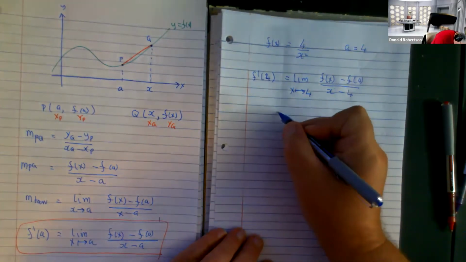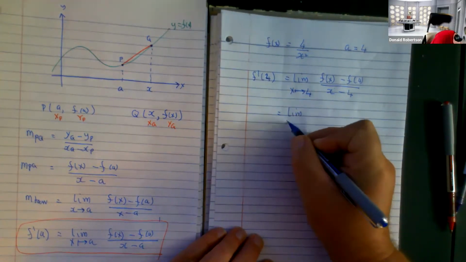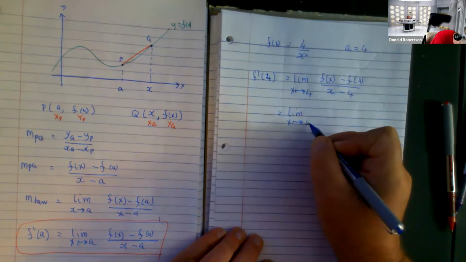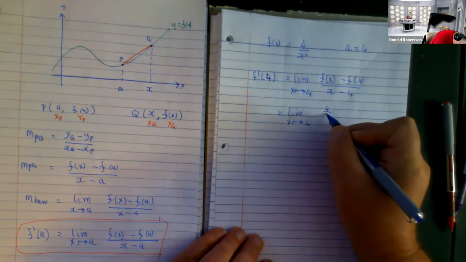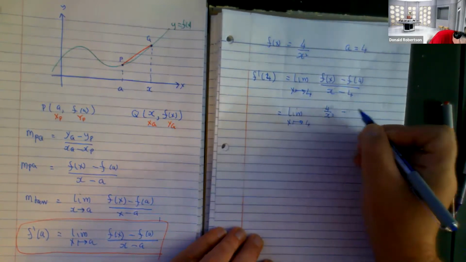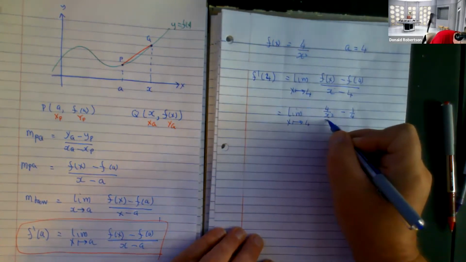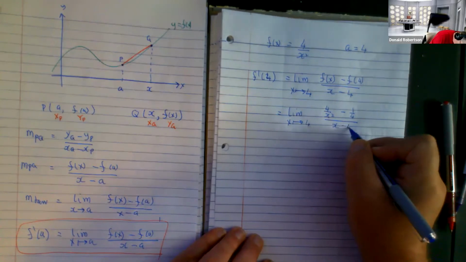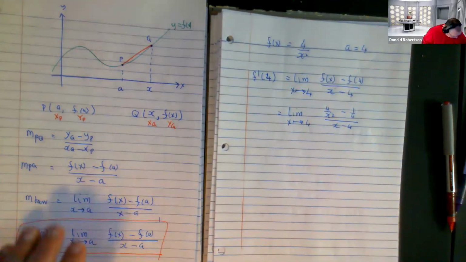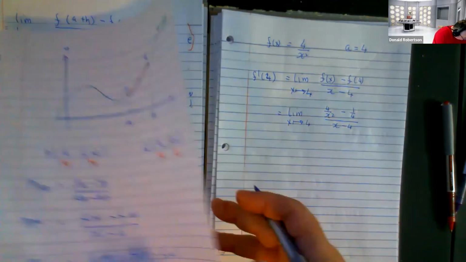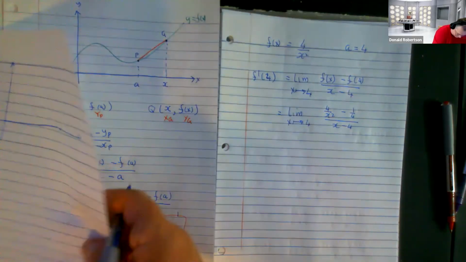Now that becomes the limit as x tends to 4 of 4 over x squared. Plug 4 into there and you get take away a quarter all over x minus 4. Now, have I got that ugly guy that we had a minute ago?